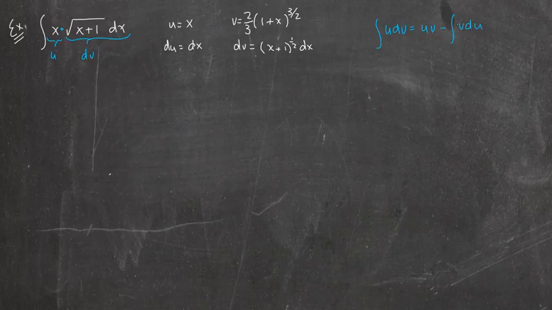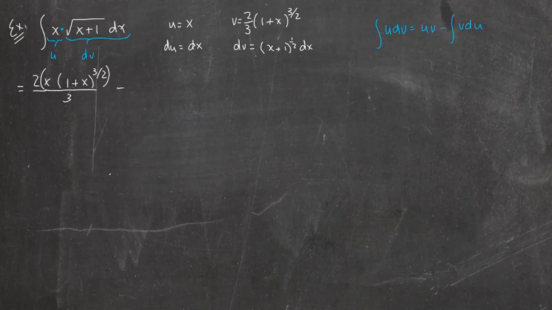So now I can use this side to substitute these values, and I have u times v is x times x plus 1 to the 3/2. Darn it, I thought I left a little room here, but I didn't. So it's 2 times all of this, all divided by 3. Probably could have written that a little bit neater, but we'll clean that all up at the end if I need to.